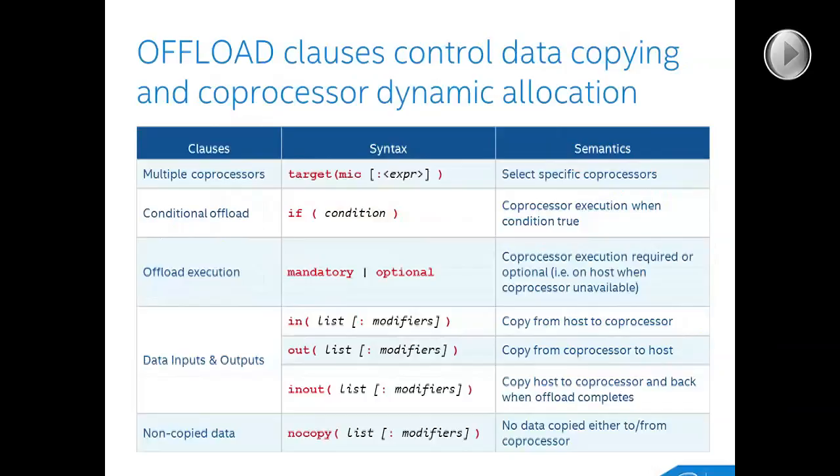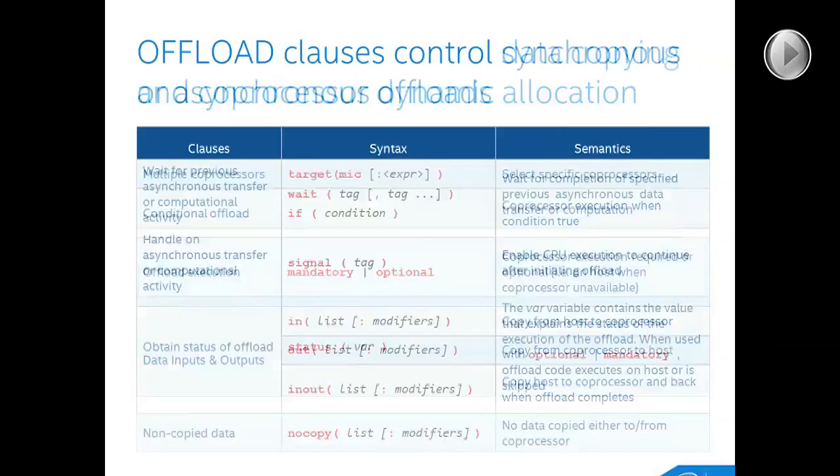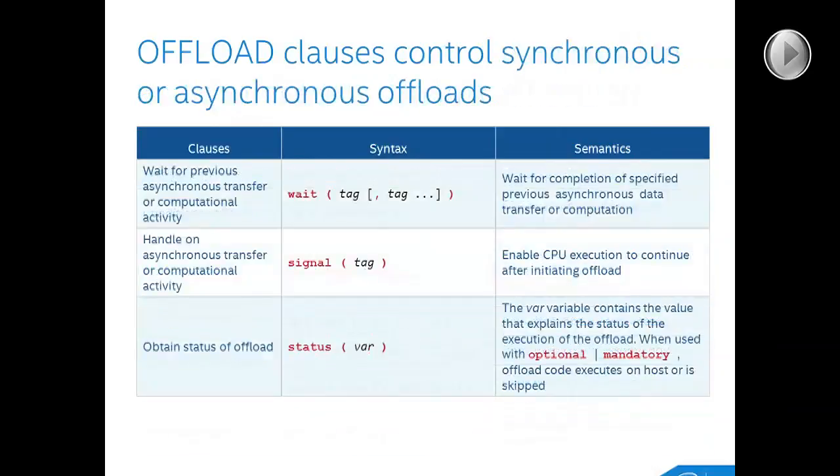And then moving down, there's the data input-output type clauses that are used for tailoring the data transfers that are associated with the offloaded code. The data inputs and outputs are the clauses that have some additional modifiers. These are some of the additional clauses that I mentioned can be used with controlling synchronous or asynchronous activities.